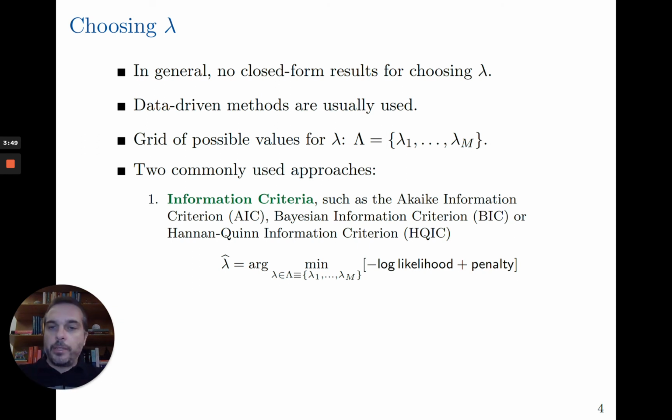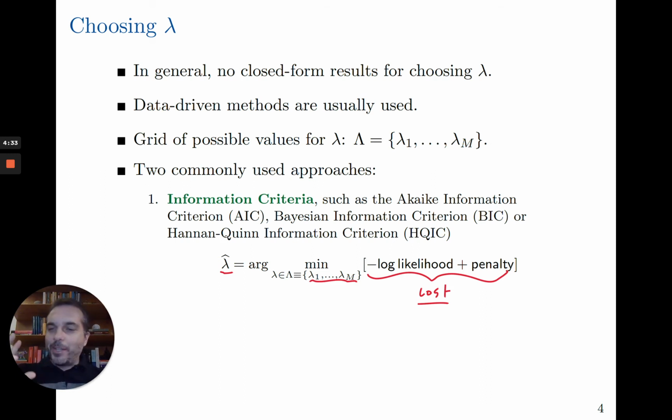There are many others, but the idea is that the optimal value of lambda, which I'm calling lambda hat, will be the value among all the m possibilities that we have that minimizes this cost function. It will be the negative of the log likelihood of the data plus a penalty term. All these methods differ among themselves with respect to the penalty.